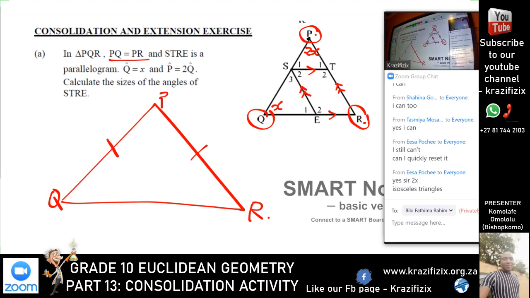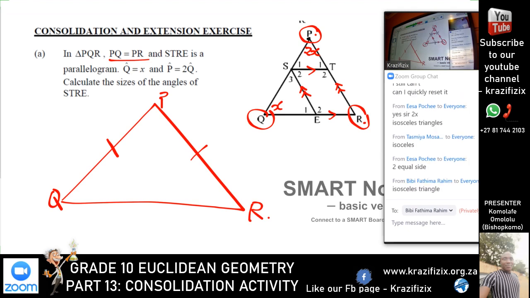Isa says isosceles triangle. But what does that tell me? Two equal sides, lovely. I don't want us to use the word isosceles though. Two equal sides, two angles are equal. Amara makes it even better: angle Q is equal to angle R. Beautiful.